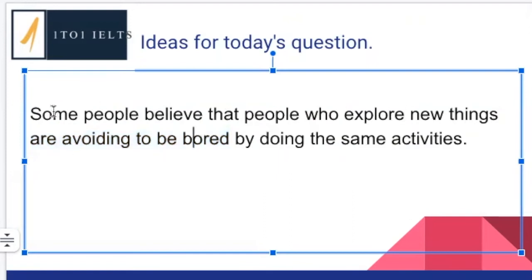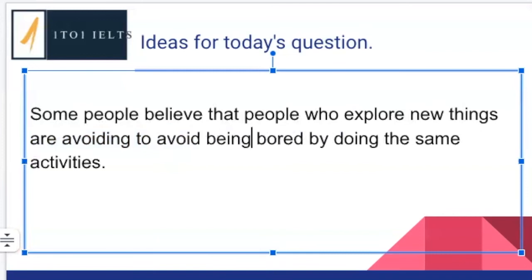So some people believe that people who explore new things are trying to avoid being bored. People who explore new things avoid trying to be bored. If we use by, this is showing the process they're avoiding being bored. So this doesn't quite work.